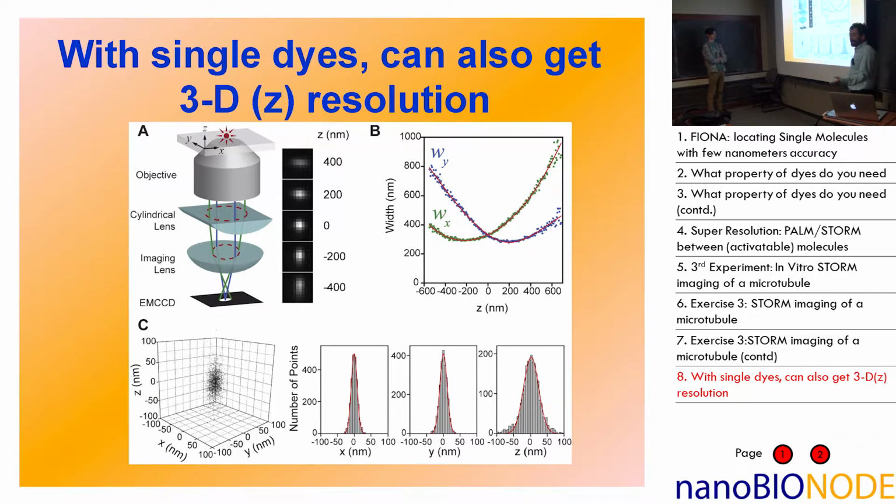That's exactly right. You've independently made this calibration curve, and for example, you look where it's exactly in focus at 0. And then you move the fluorophore such that you're 200 nanometers closer.